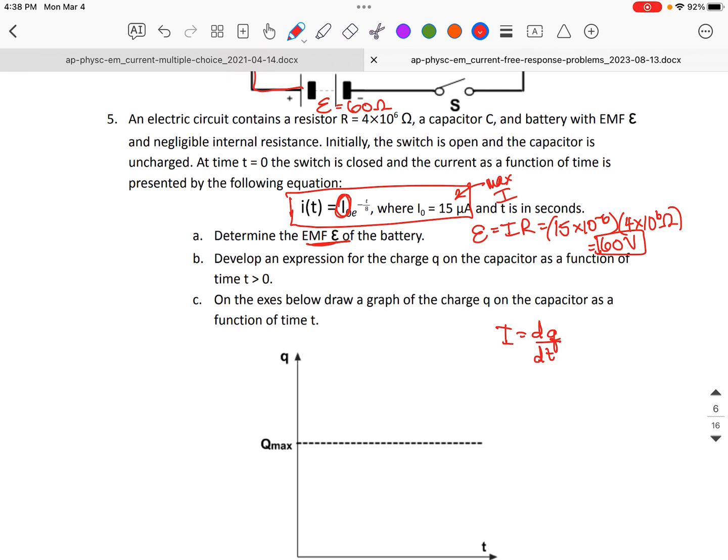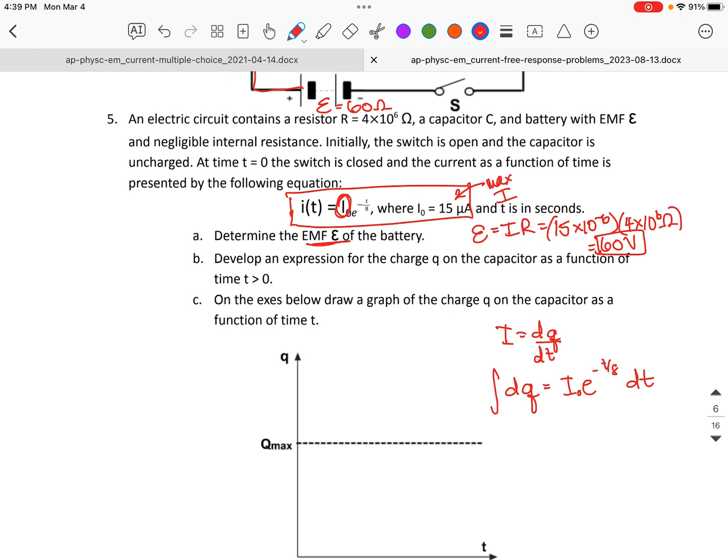So if I rewrite this, dq is equal to the equation for current, I naught e to the negative t over 8, with respect to time, which is dt. From there, obviously, we've got dq on one side, dt on the other.